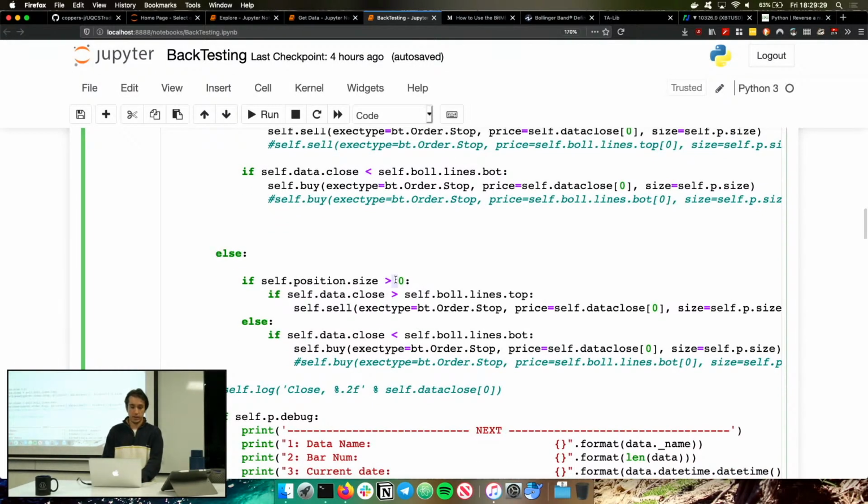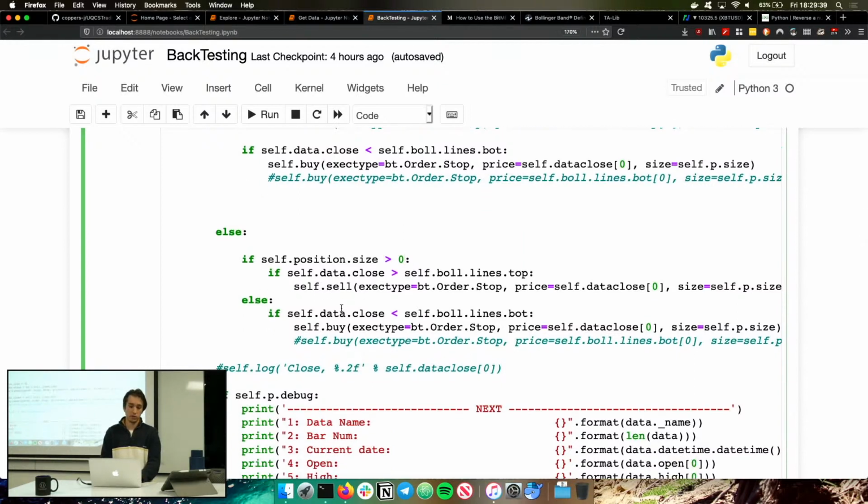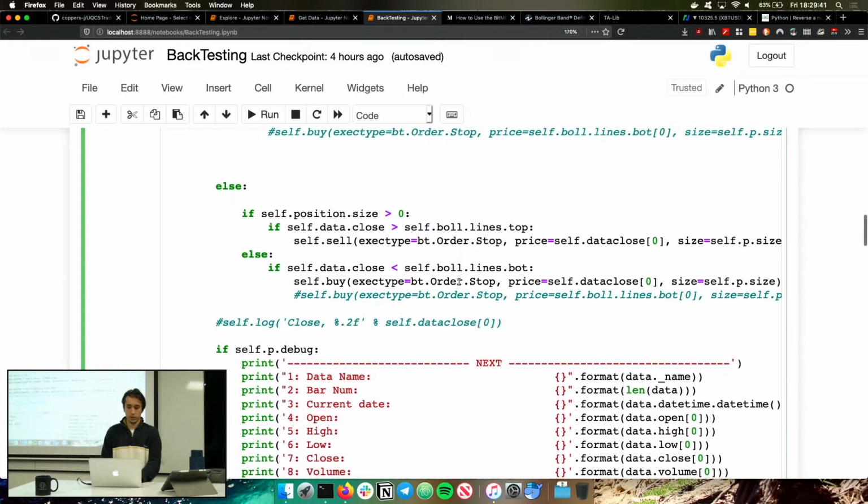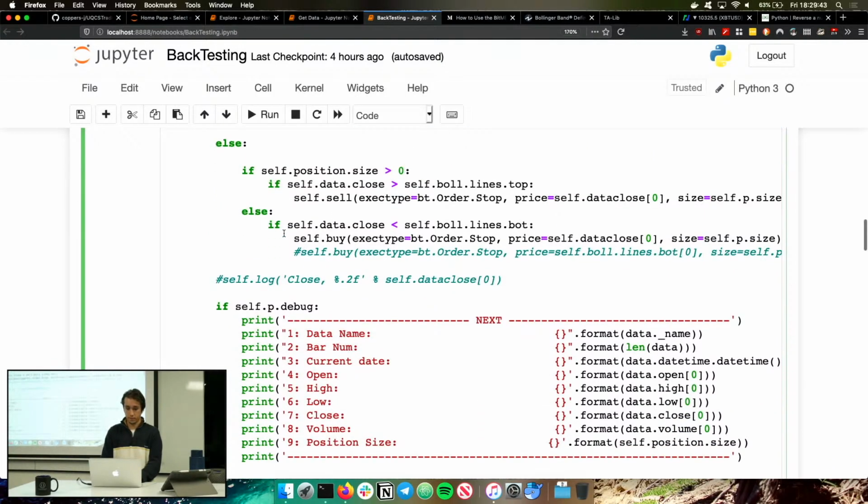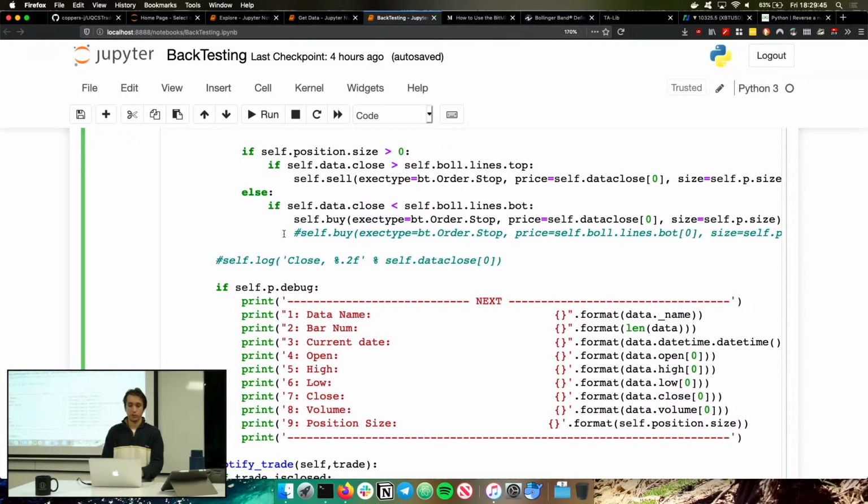We check it here, this is just a way of checking if we're long. If we're long, we check, is there a sell signal? And if there is a sell signal, we execute a sell order. And all these are just market orders. Because we can only trade what's in the book, because we can't actually go back in time and submit an order.